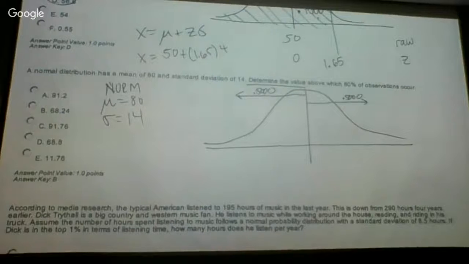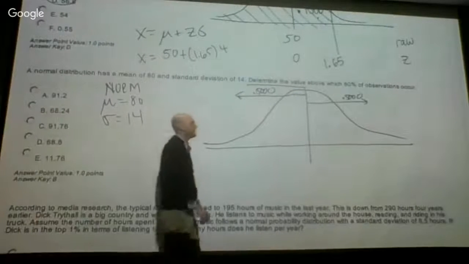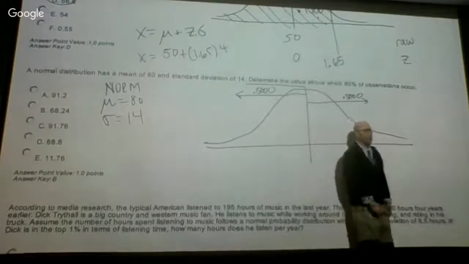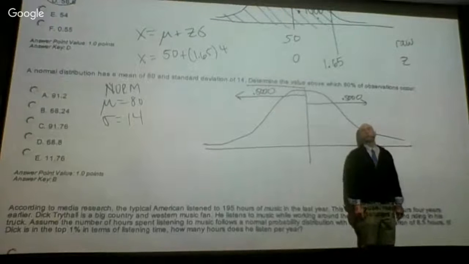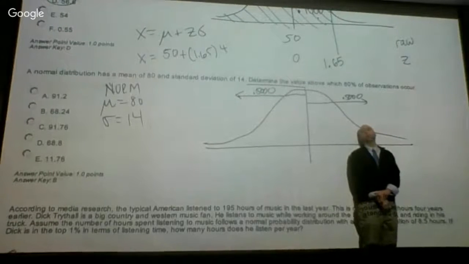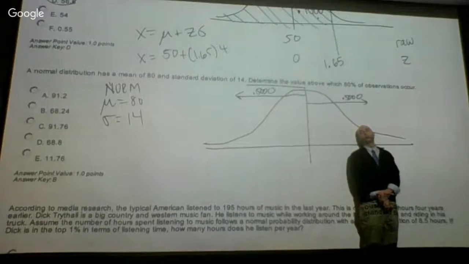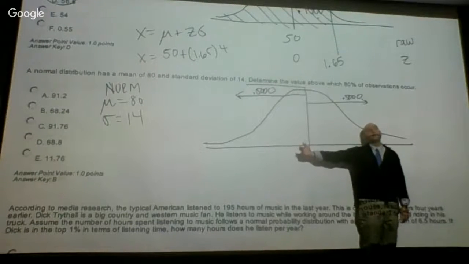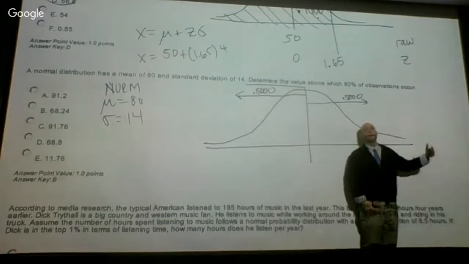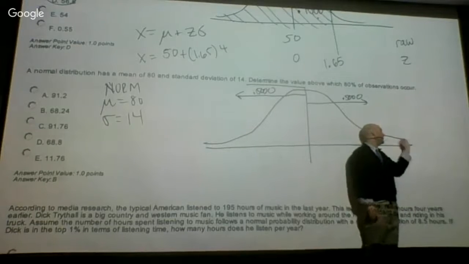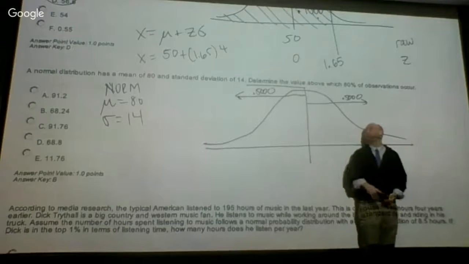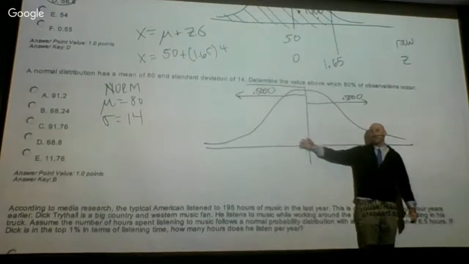So if I stand here, is it possible for 80% of the values to be above me? Why not? It can be only a max. Yeah. More than half of the stuff can be below me, but more than half of the stuff cannot be above me. There's only that little bit over here, but there's all that over there.